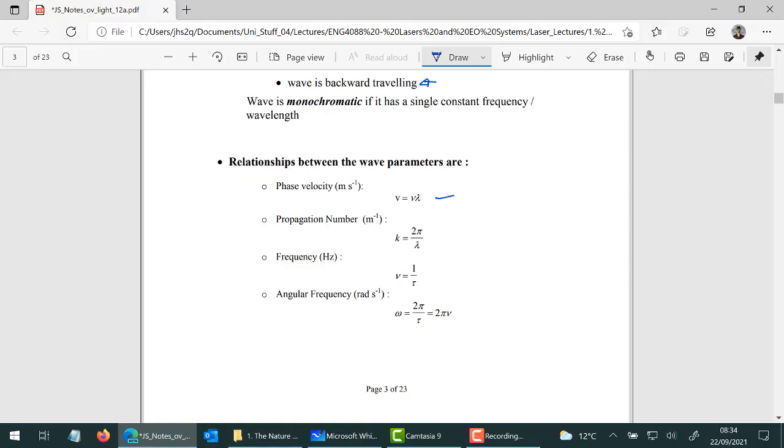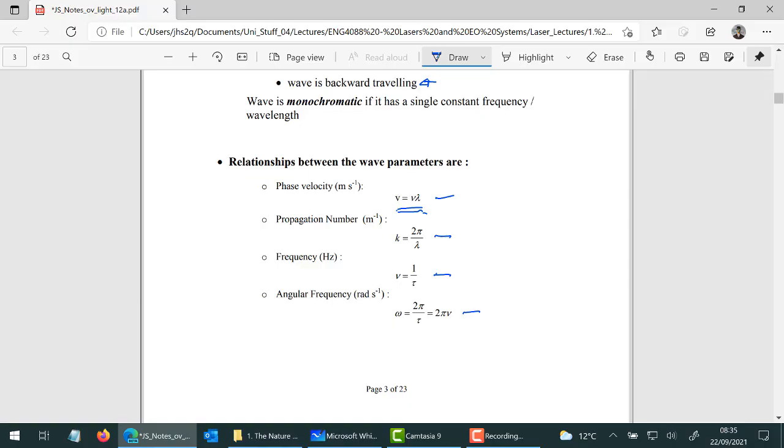We have the propagation number, or the propagation constant, or the wave number. Let's not call it wave number because that generally means something else. Let's call it propagation number, as being inversely related to the wavelength. We have the frequency, linear frequency, and the angular frequency. So we can see that there's a relationship between all three of these.